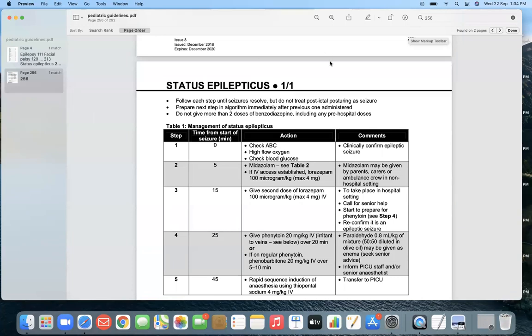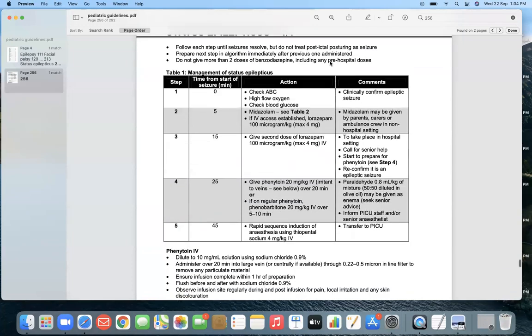So this is in the red book about status epilepticus. Follow each step until seizures resolve, but do not treat post-ictal posturing as seizure. Prepare the next step in the algorithm immediately after the previous one is administered. Do not give more than 2 doses of benzodiazepine, including any pre-hospital dose.